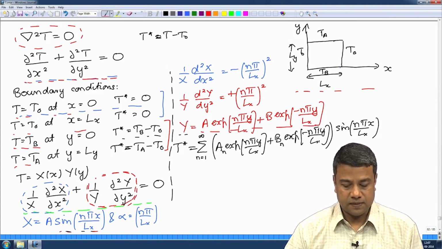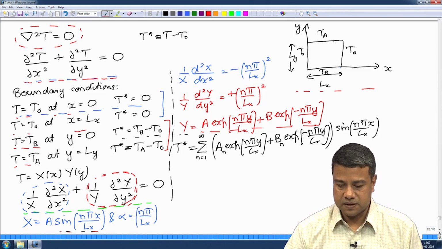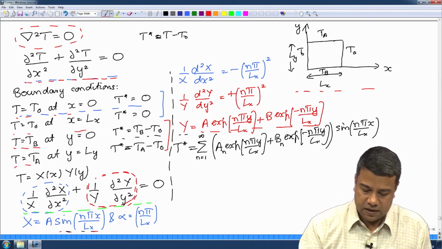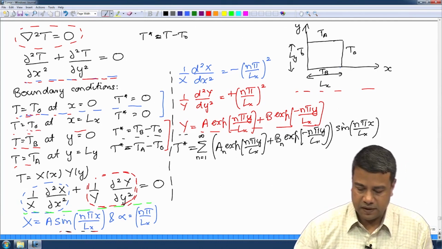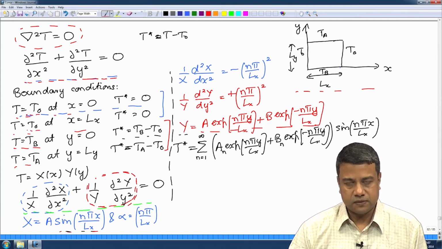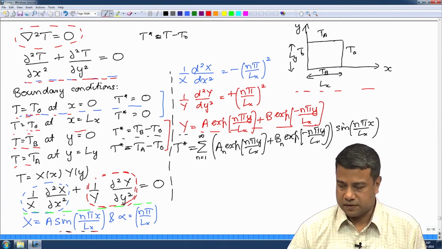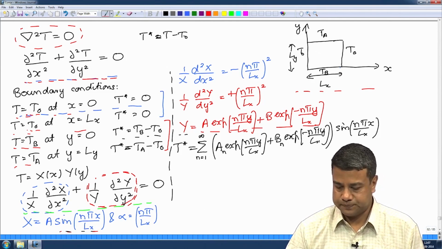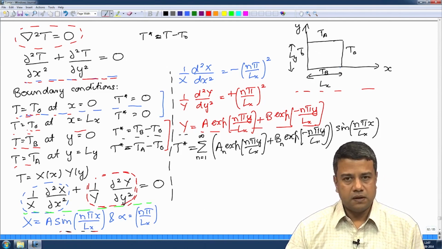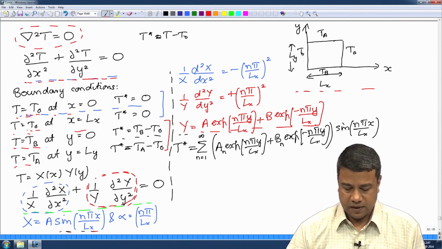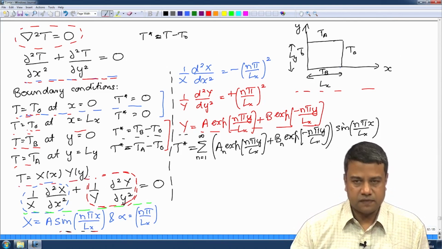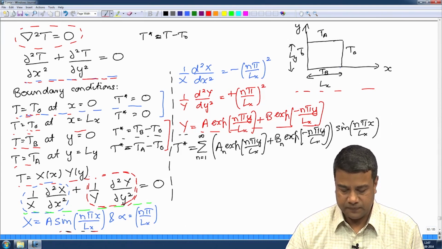In this particular case, we had managed to get homogeneous boundary conditions in the x direction, because if we subtract T0 from the temperature field, then T star is equal to 0 on both the left and the right faces. Therefore, the boundary conditions are homogeneous on the left and the right faces. We can use separation of variables where we write the temperature as some function of x times some function of y.